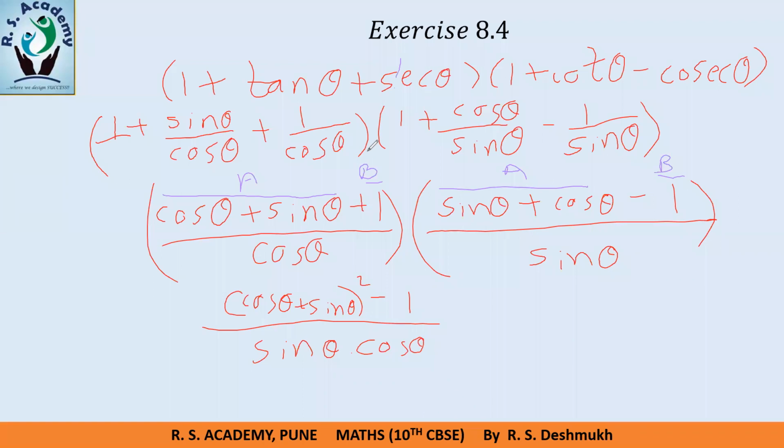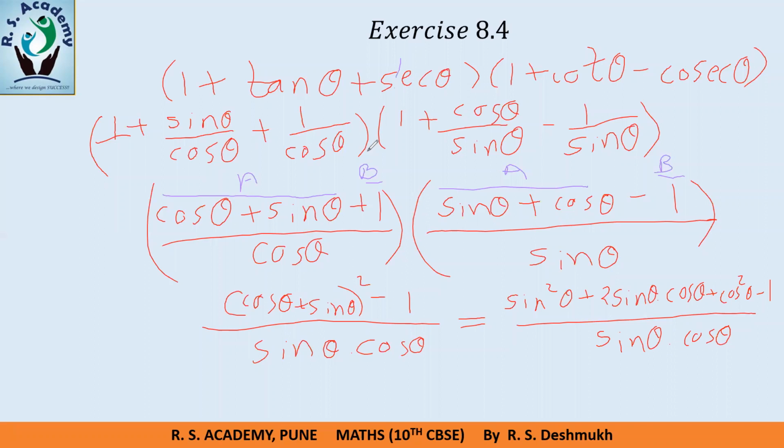But dear friends, one more thing, whenever I am expanding, what will I get? A plus b whole square is a square plus 2ab plus b square, that is sin square theta plus 2 sin theta cos theta plus cos square theta, minus 1 as it is, whole divided by sin theta into cos theta.